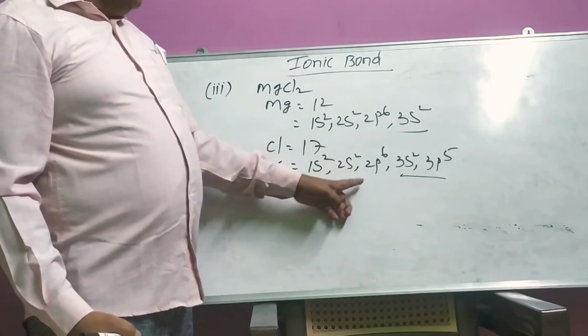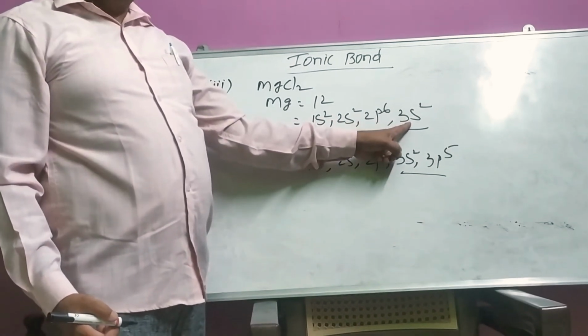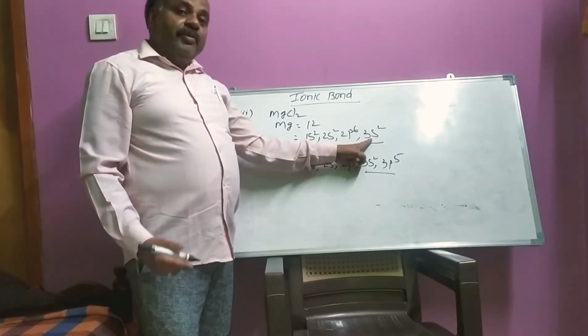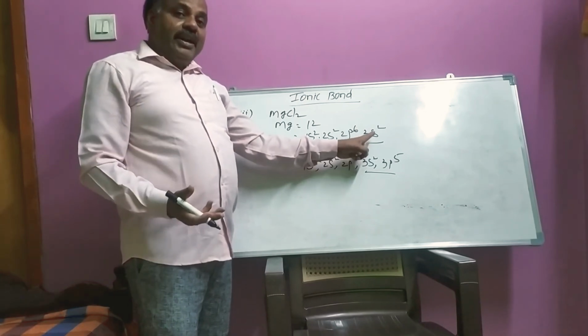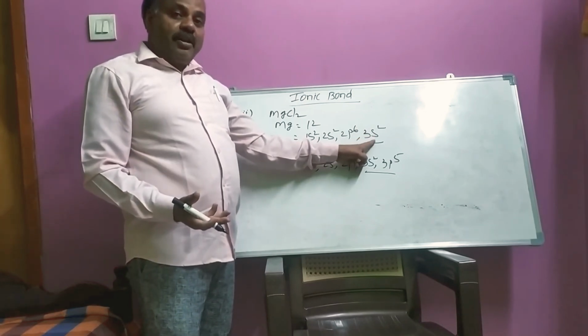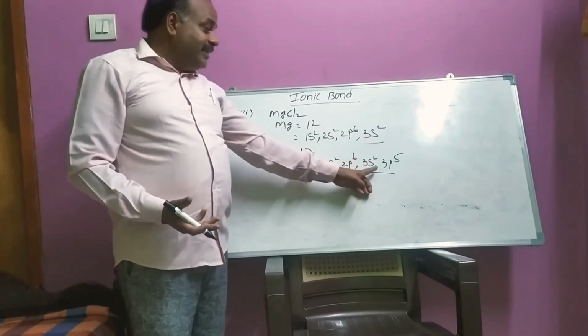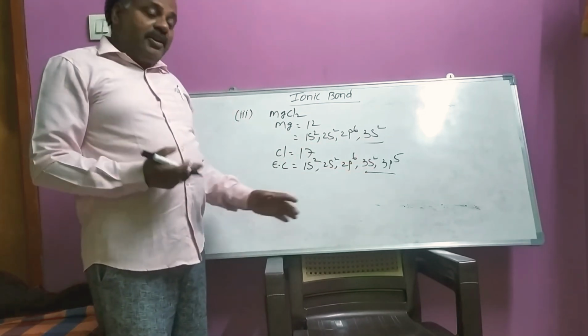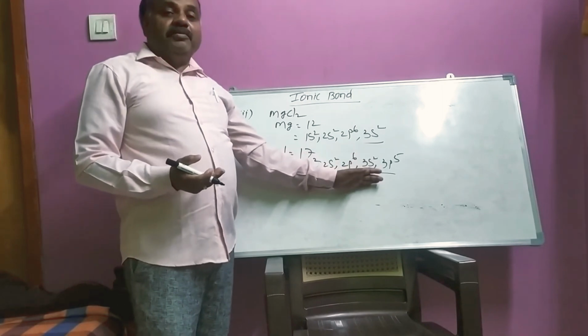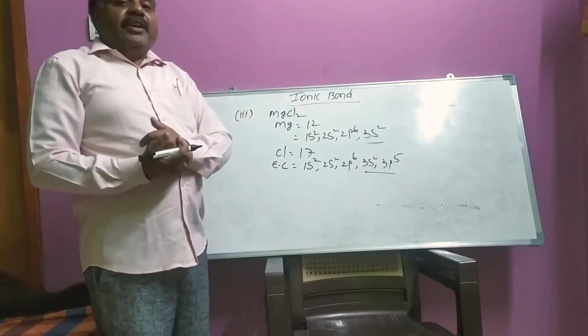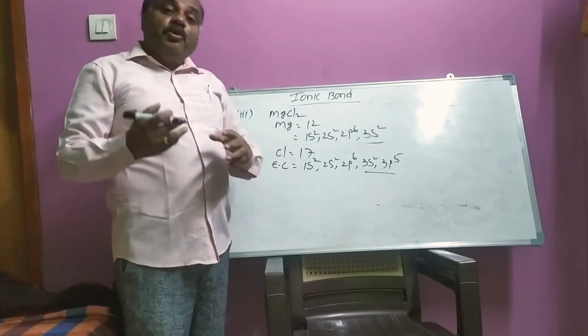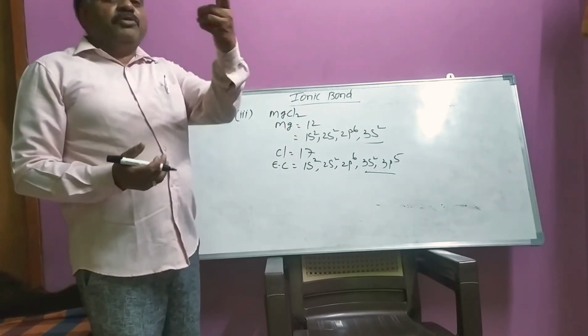You observe here, 2 electrons in magnesium atom, but no one is ready to give 6 electrons. That's why it transfers these 2 electrons. And chlorine, it needs only 1 electron. That's why 1 more chlorine atom will take that electron. In this way, between magnesium and 2 chlorine atoms, bond is formed.